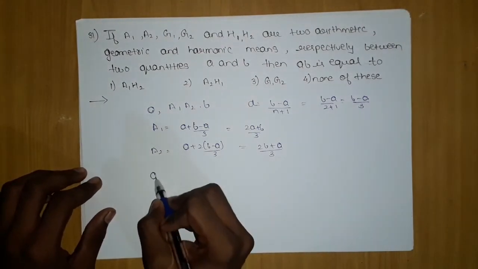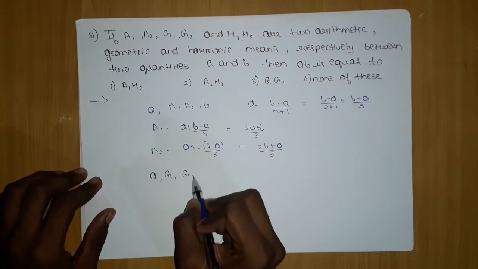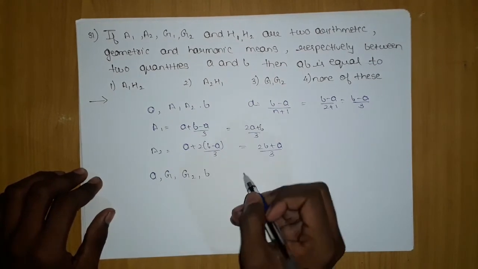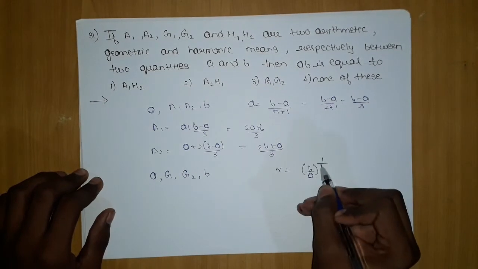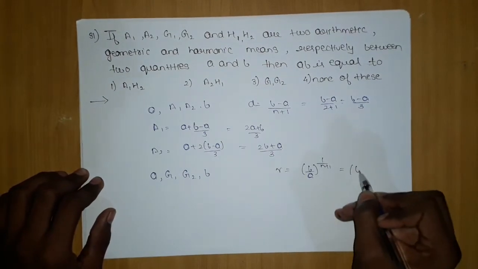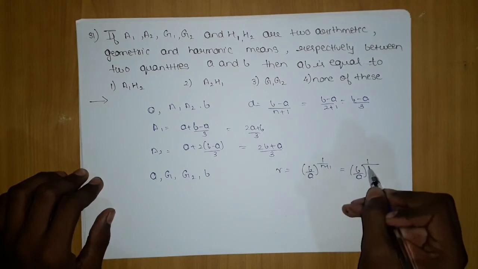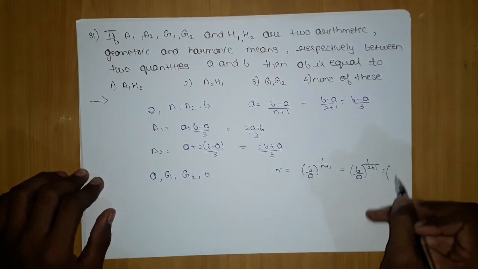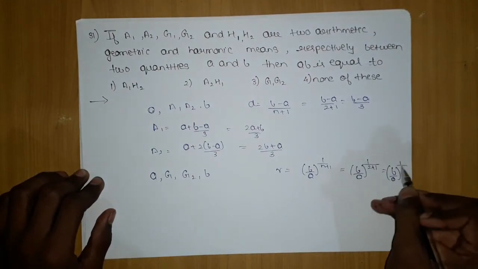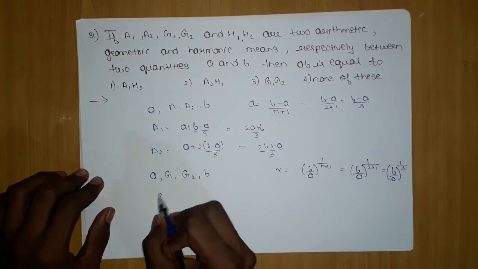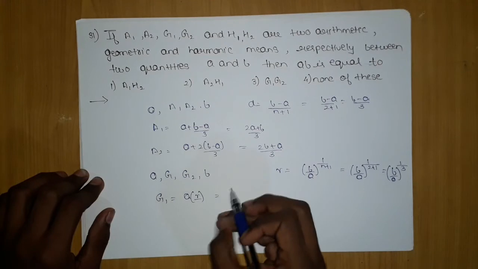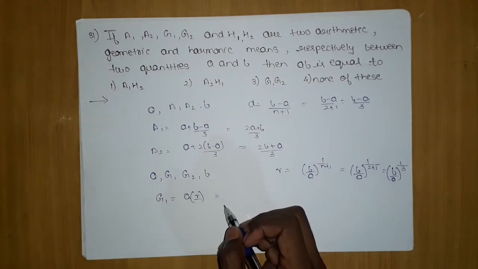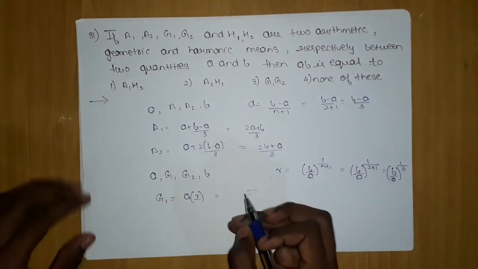Now similarly, between a and b, g1 and g2 are in GP, so they form geometric means. I know the formula to get r here, b by a to the power 1 upon n plus 1, which will give me b by a to the power 1 upon 2 plus 1, which is b by a to the power 1 by 3, since the number of terms is 3. So can I get my g1? In GP how do we get it? A into r for the first term, and then for the second, a into r square, like that.